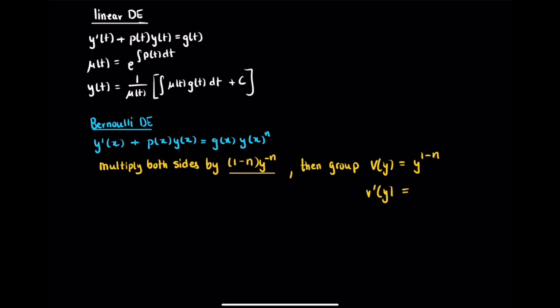The derivative would be 1 minus n y to the minus n y prime. Okay, and again in this case y is y(x), just to be more clear.